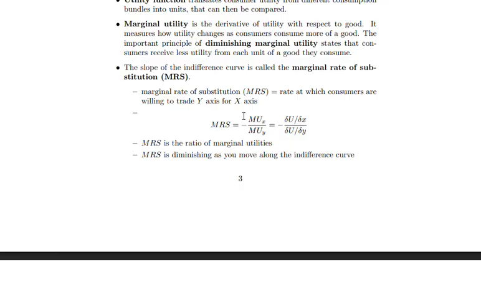That means thinking about the next unit: how much of the x-axis item you are willing to trade for the y-axis item. MRS is diminishing as you move along the indifference curve.